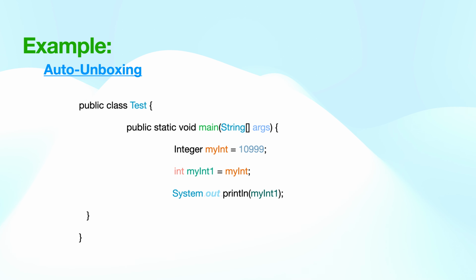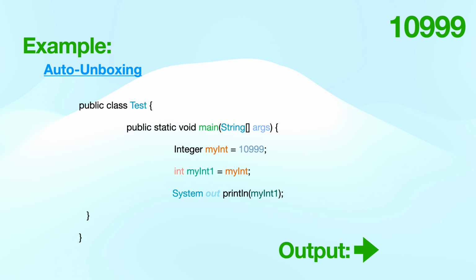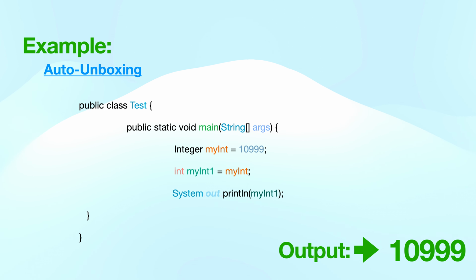I've got this wrapper class Integer myInt, and I've given it the value 10,999. Then I'm getting an integer myInt1, and on myInt1 I've got the value of myInt, and I'm printing this integer. It will just give me the same value. Let's see the output. You can try this one on your Java IDE as well.